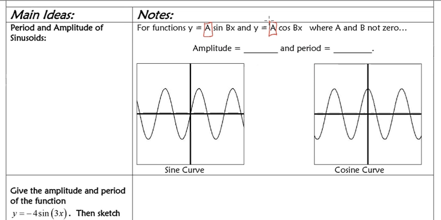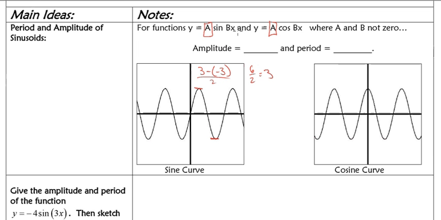For example, if a is 3, the new maximum is +3, and the new minimum is -3. And the amplitude itself is also 3, since 3 minus -3 is going to give you 6, and 6 divided by 2 equals 3. So again, the maximum minus the minimum, divided by 2, gives you your amplitude.